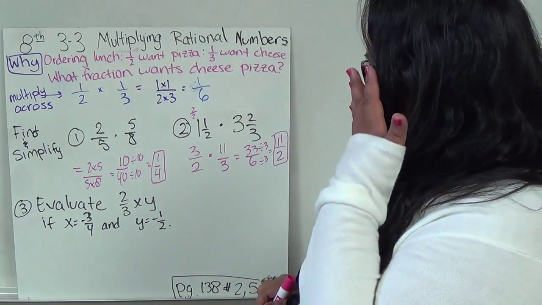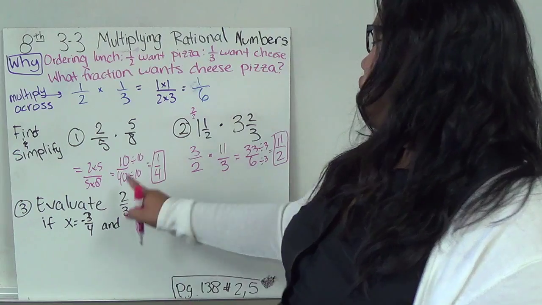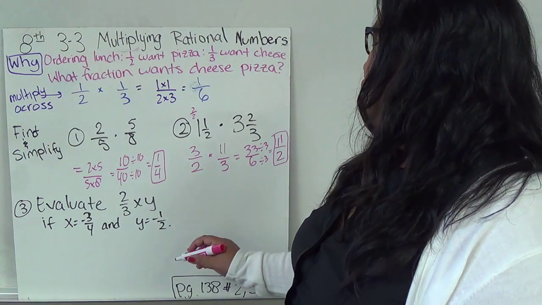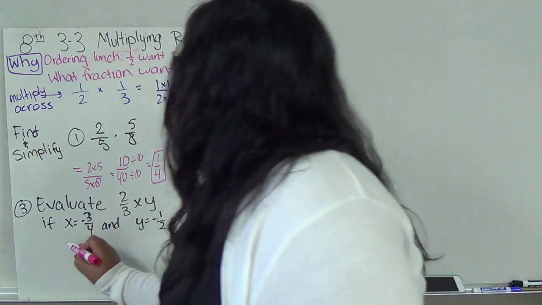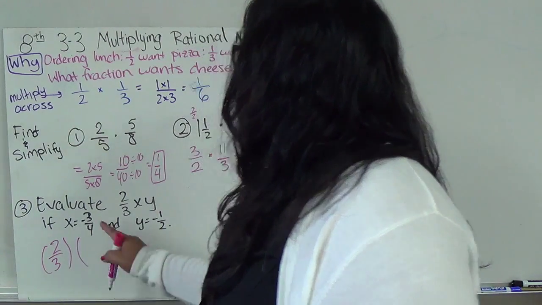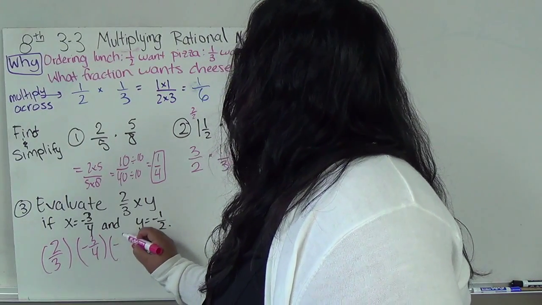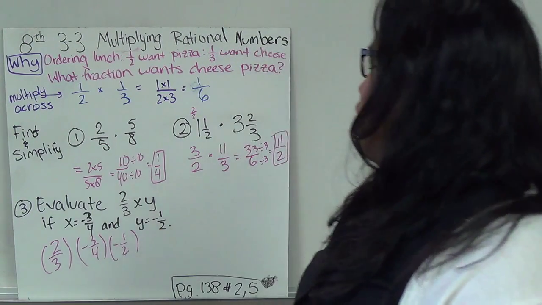Okay? The next one wants me to evaluate 2/3 xy, which is 2/3 times x times y. So in this case, 2/3 is going to be 2/3 times x, which is -3/4 times -1/2. I'm going to multiply them all across.